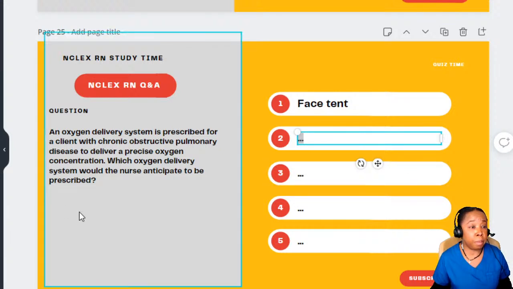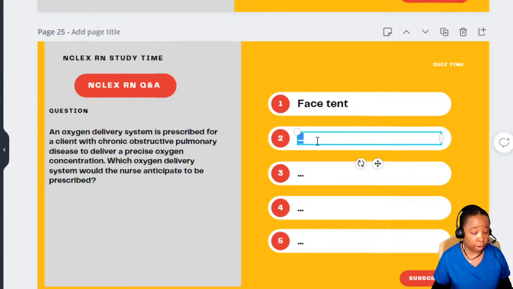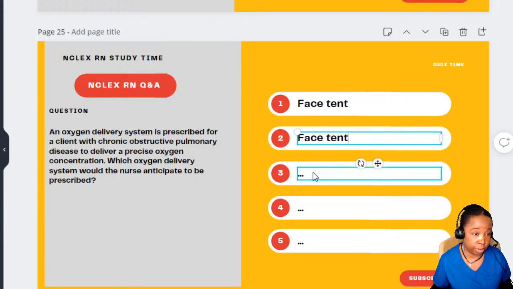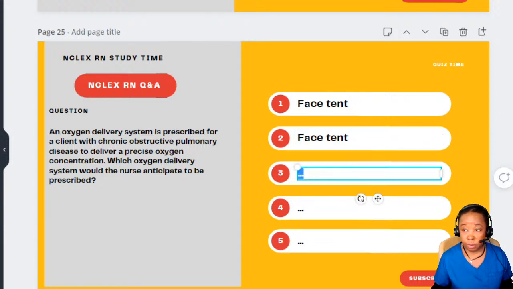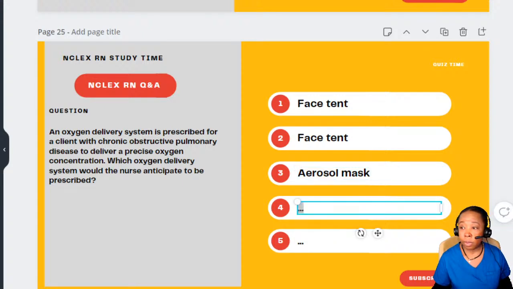The Venturi mask has a way of controlling the amount of oxygen you want to give to the patient. The third is the ISO mask, mostly used to give a treatment. And then we have the tracheostomy collar. That kind of mask is the one you use for a patient who has a trach.